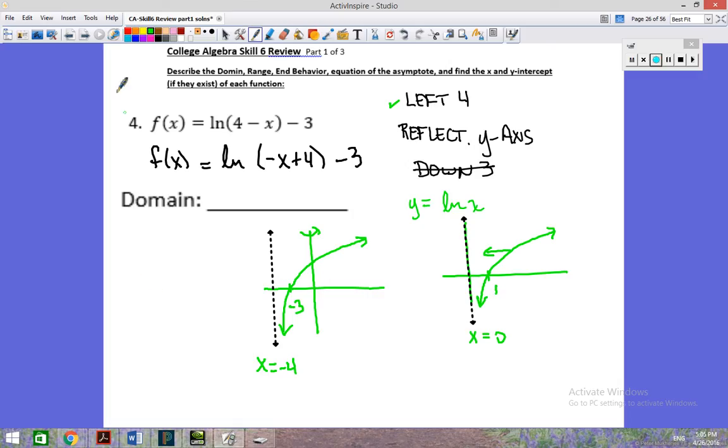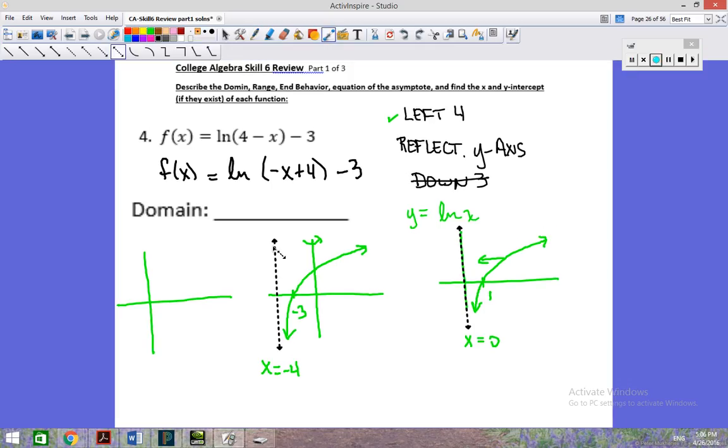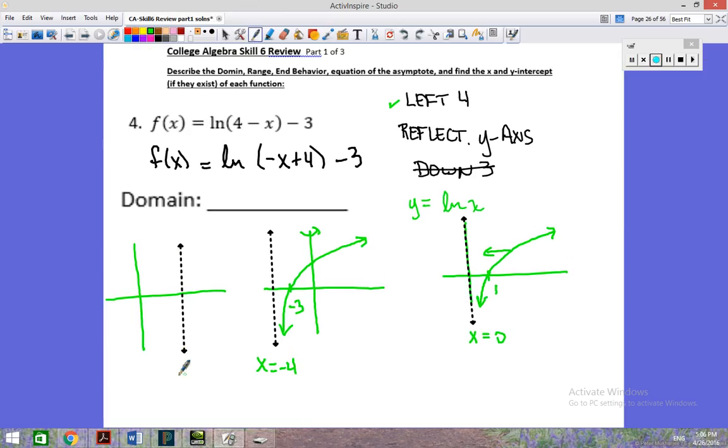If you have a reflection across the y-axis, you're changing the sign of the x's. So if this x is negative 4, if we change the sign of it, it's going to become x equals positive 4.